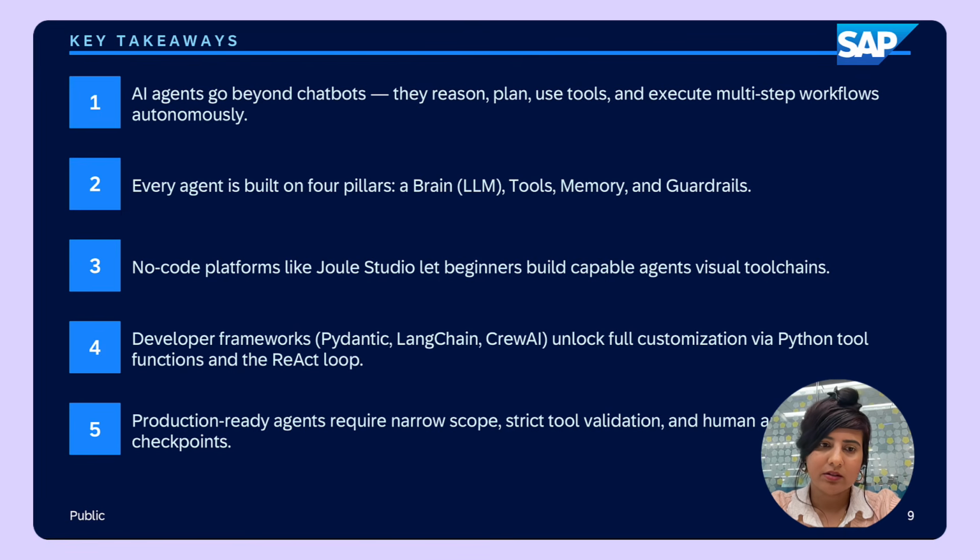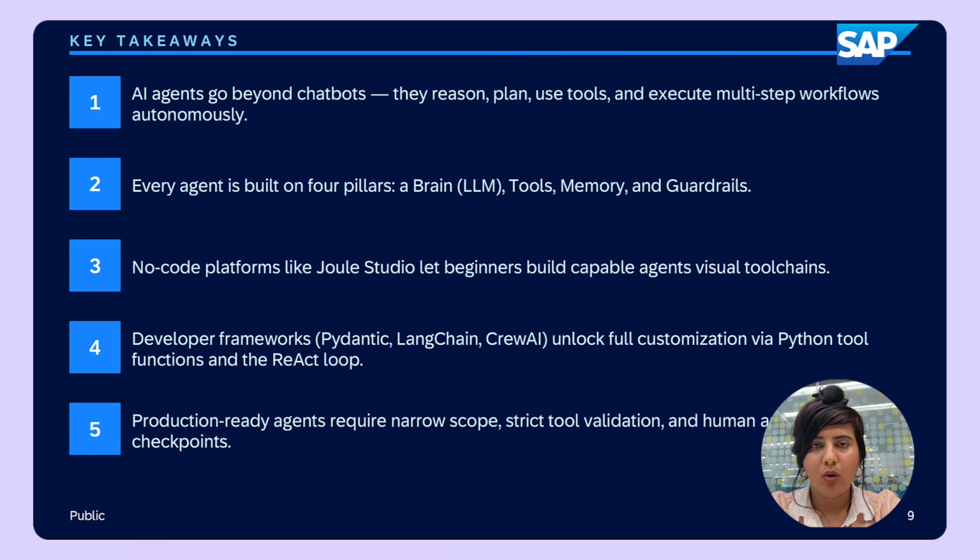So the production-ready agents should be narrowly scoped, there should be strict validation checks for tool usage, and human in the loop checkpoints have to be included. So these are the key takeaways.